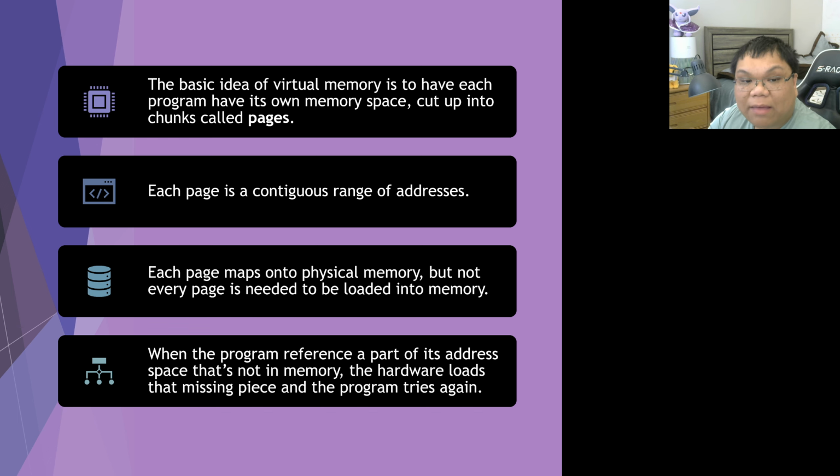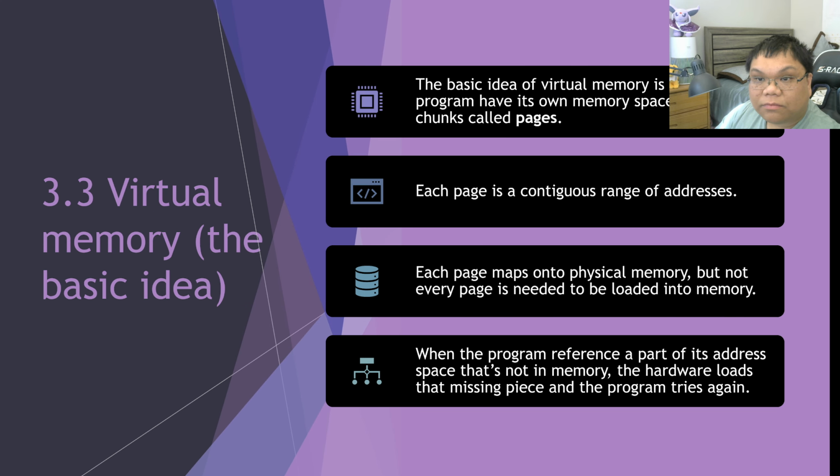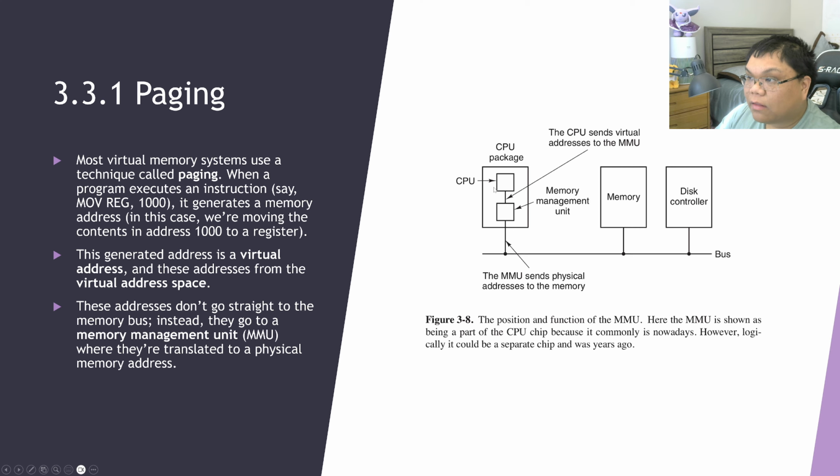Each page maps onto physical memory, but not every page needs to be loaded into memory. When the program references a part of its address space that is not in memory, the hardware loads that missing piece and the program tries again. Most virtual memory systems use a technique called paging.